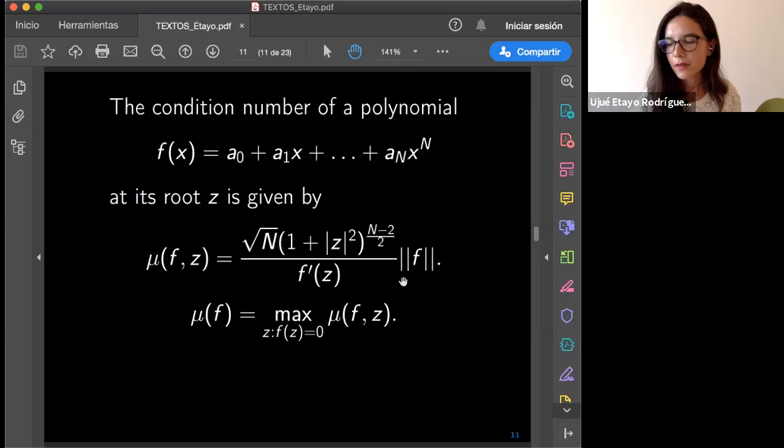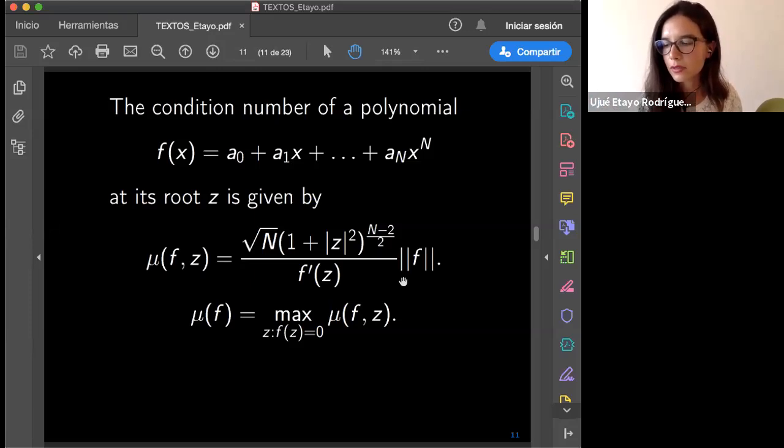Okay, the Bombieri-Weil norm of a polynomial, you just think of the L2 norm of a polynomial, right? The L2 norm, taking the coefficients, is the square root of the sum of the modulus of the coefficients squared. And now the Bombieri-Weil norm is exactly this, but not every coefficient is having the same weight 1.